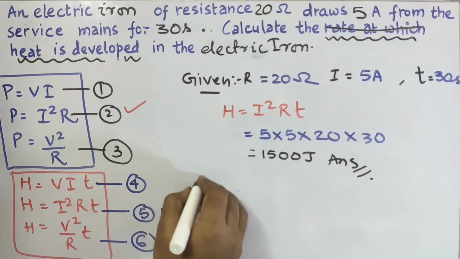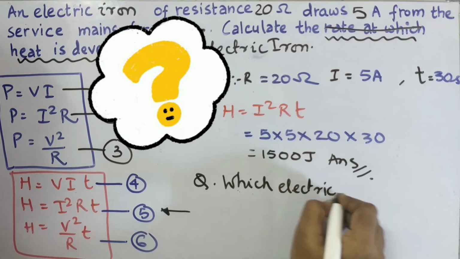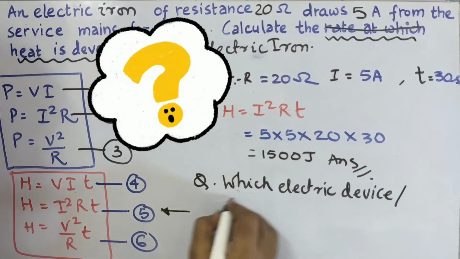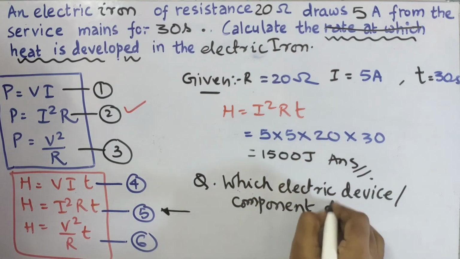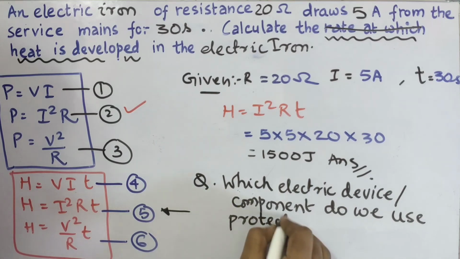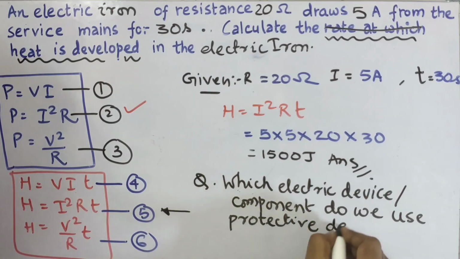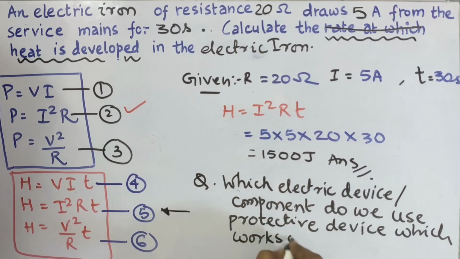So the question is, which electric device slash, that means, component, do we use as a protective device which works on Joule's law of heating?